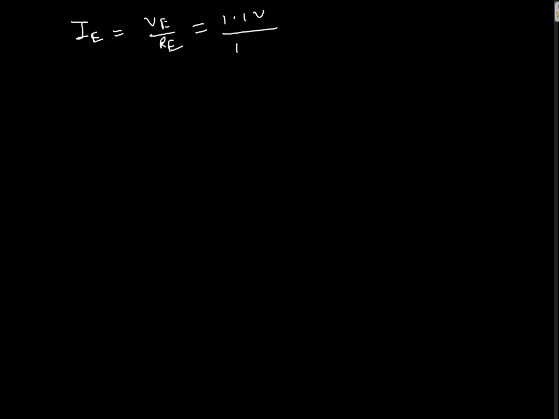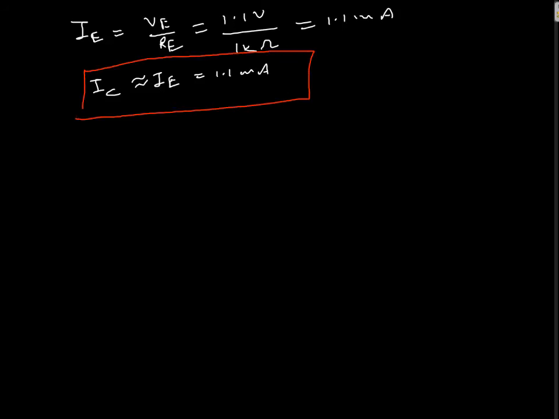RE is given as 1 kilo ohm. So this will come as 1.1 milliampere. Now IC is the same as IE, which is 1.1 milliampere. So this is the first operating point we have calculated.